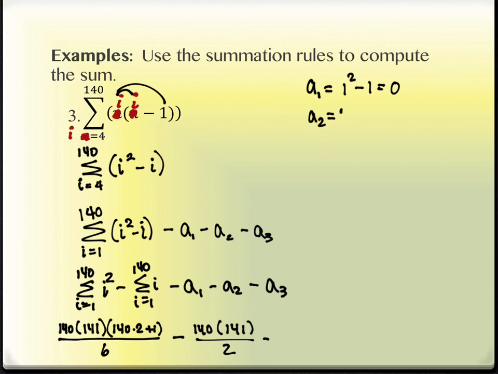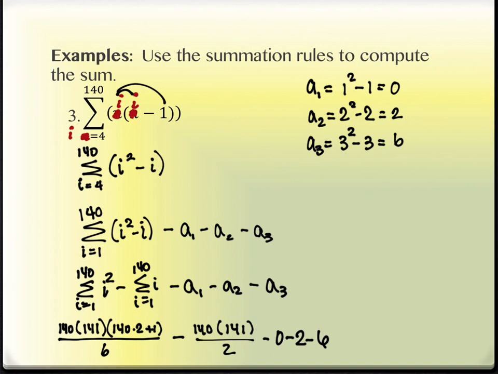A2 is 2 squared minus 2, and that one's 2. And on A3, I need 3 squared minus 3, and that one's 6. So I literally have minus 0, minus 2, minus 6 at the end to compensate for the fact that I included them when they shouldn't have been included from the original setup.